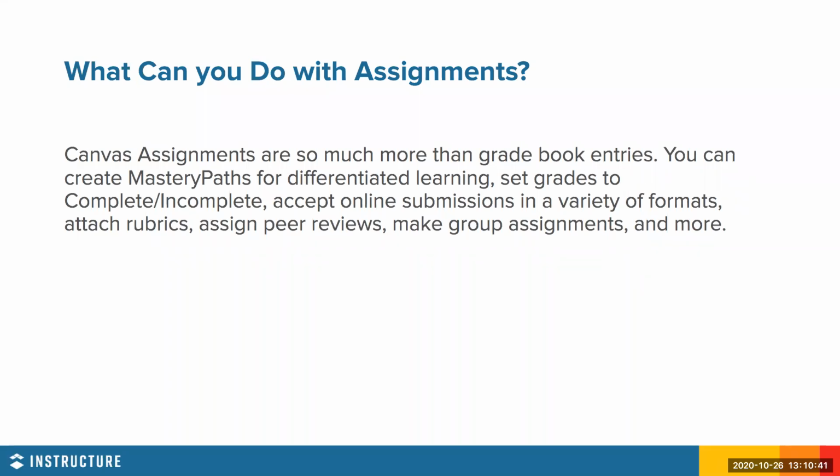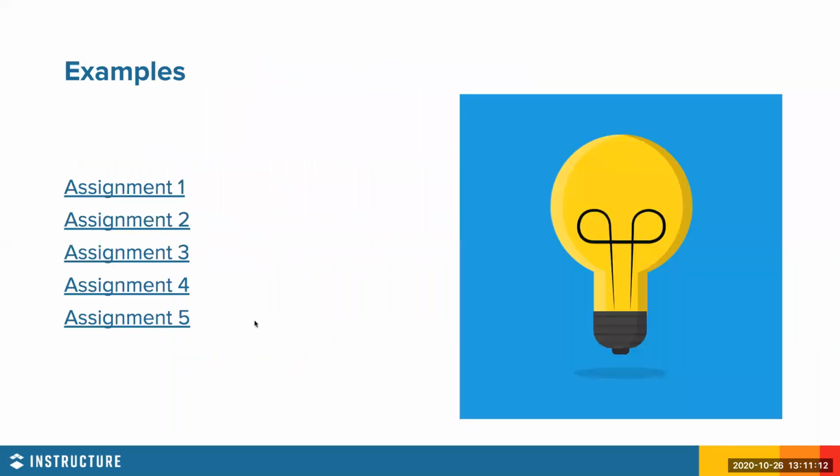You can accept online submissions in a variety of formats, so it definitely helps to support UDL practices, giving students multiple means of expression and multiple ways to demonstrate mastery and learning. You can attach rubrics, including outcomes aligned to rubrics, to assess students' performance against course standards. You can assign peer reviews, and you can make group assignments and just much more.